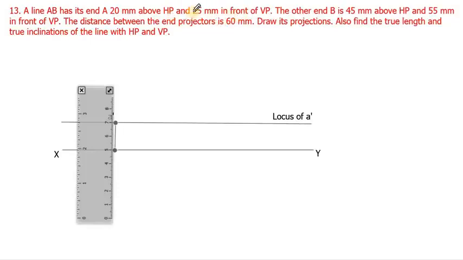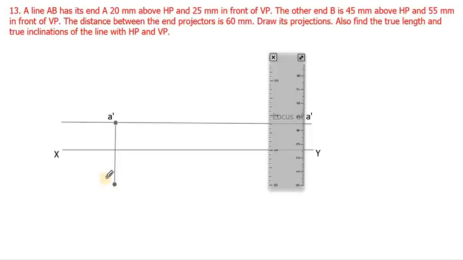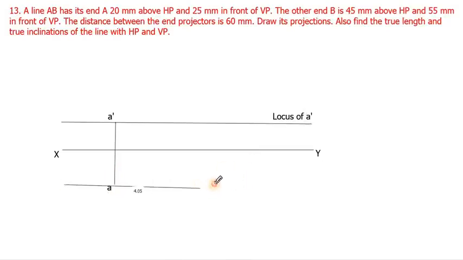Since in front of VP is given as 25 mm, just extend this line up to 25. So it is 20 and 25. This point will be the A point. Then draw a locus line crossing the A point. So this will be the locus of A.